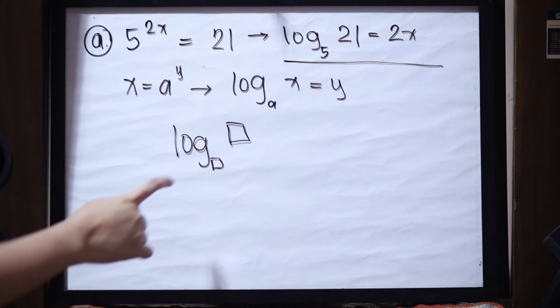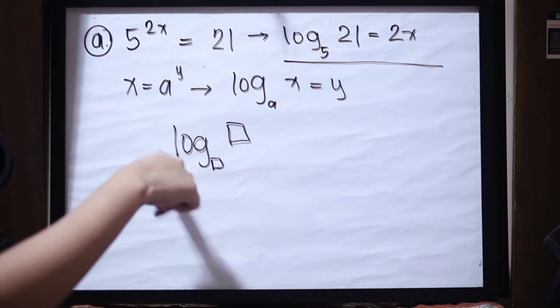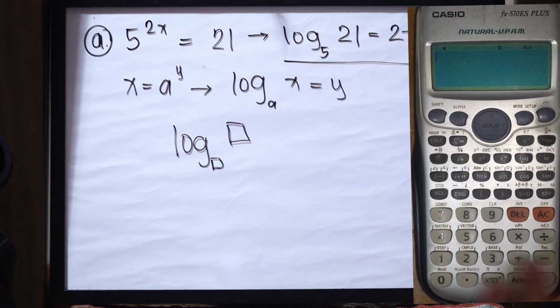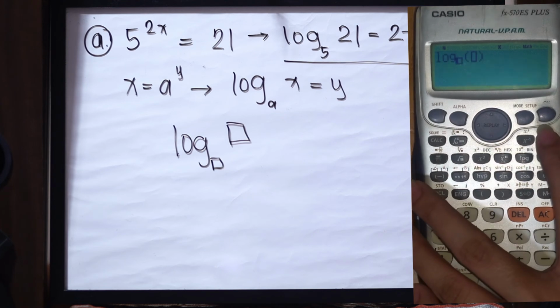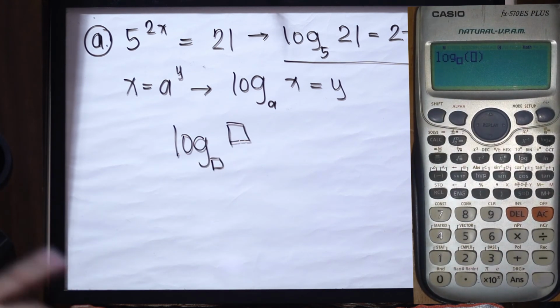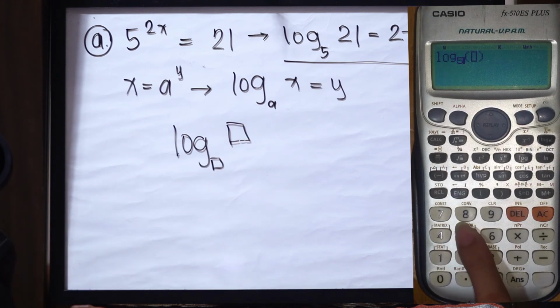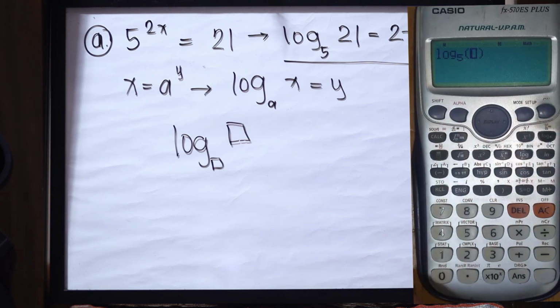Tapos, you just press the function with this kind of expression. Tapos, yung sa base, ang ilalagay nyo ay 5. Tapos, nasa loob ng parentheses, ilalagay nyo lang yung 21. Para mailagay nyo yung mga number dito at saka dito, i-move nyo yung mga cursor sa calculator ninyo.